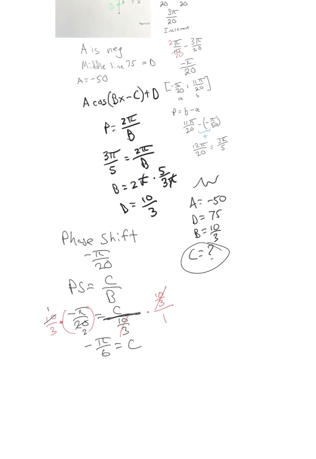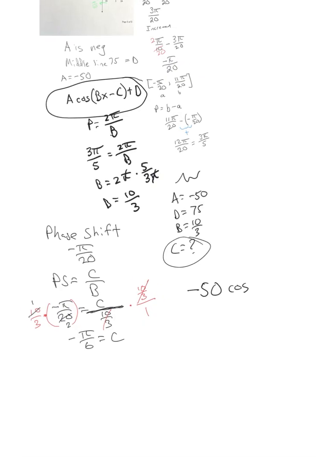So let's put this all together now. This function that we graphed is negative 50, right? Sorry, just going back up to the a cosine bx minus c plus d formula. So negative 50.